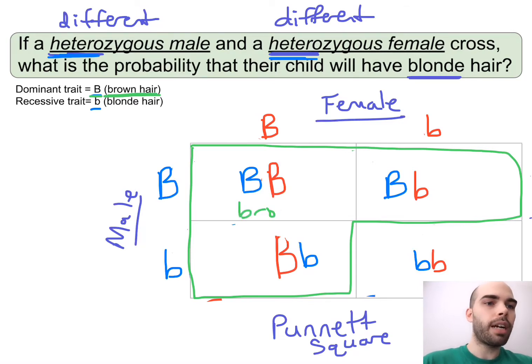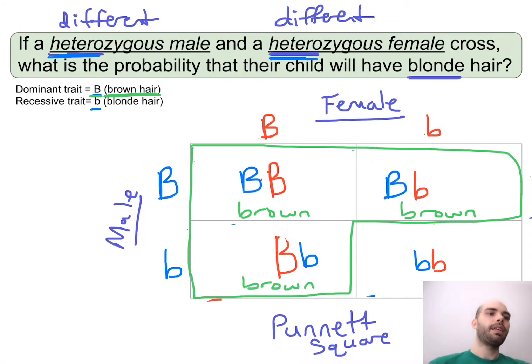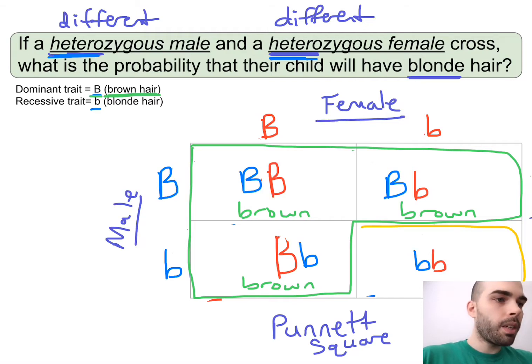So this child would have brown hair, this child would have brown hair, and this child would have brown hair. This last child down here only has lowercase b's. So this child would have blonde hair.